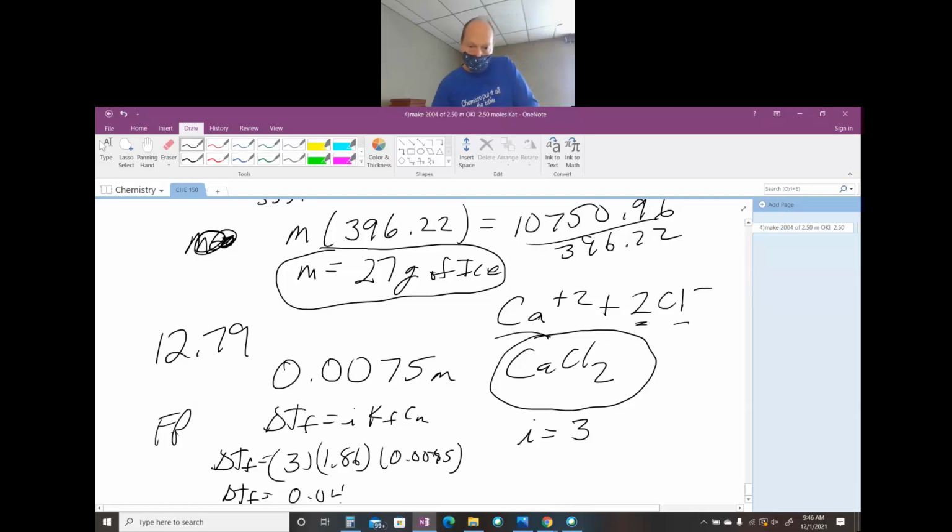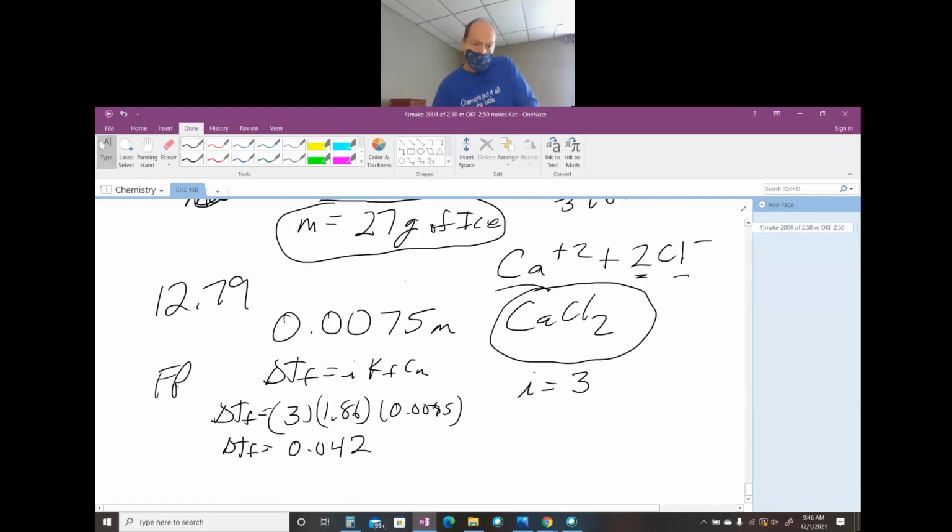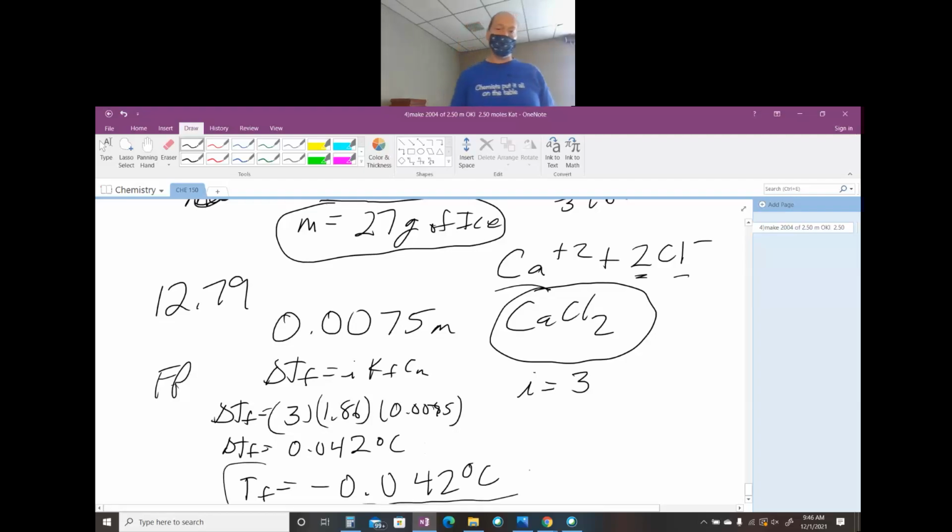Oh, it's only 2 sig figs. 0.042. And so the freezing point is negative 0.042 degrees Celsius. So delta T sub F is your freezing point depression, so it has to come down, and this was in water, and so it's negative 0.042 degrees Celsius.